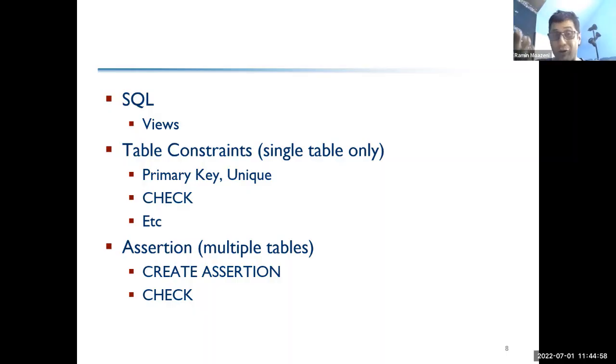Something else may be updated, but the assertion may still get evaluated, because the DBMS knows only that the assertion has a constraint, so any update to the database as a whole will cause the assertion to be reevaluated. So if you have a single-table constraint, assertion, while doable, is not an optimal solution. But if you have a constraint involving multiple tables, then you must go with an assertion. You have no other choice. Questions here?